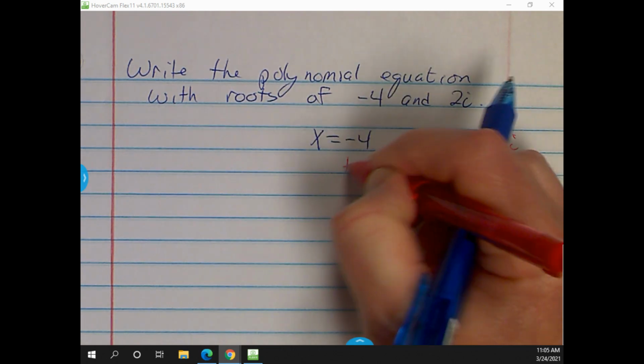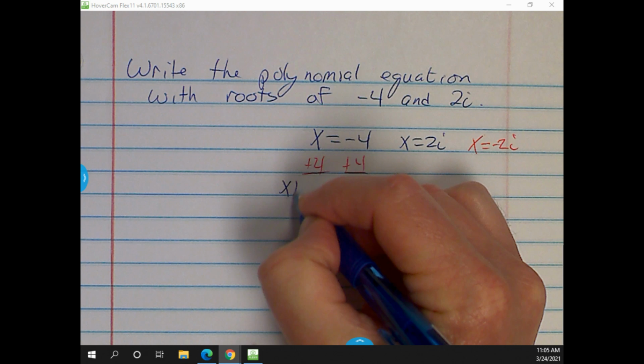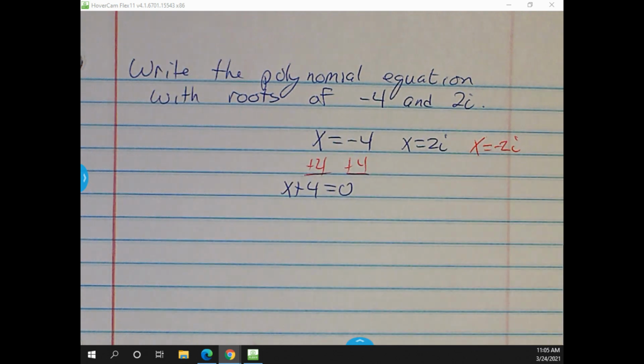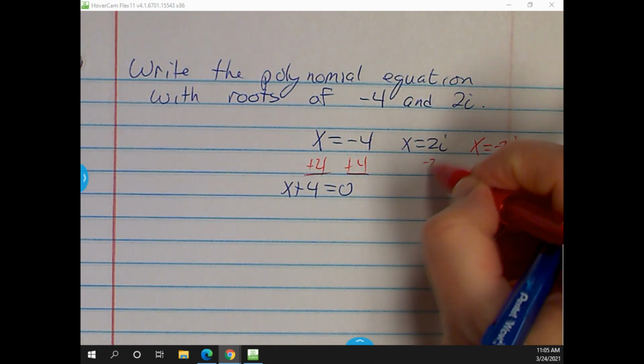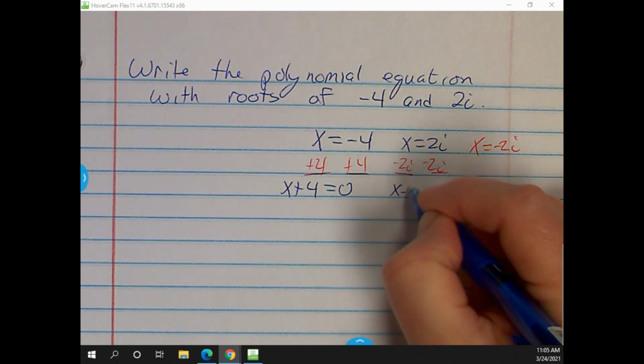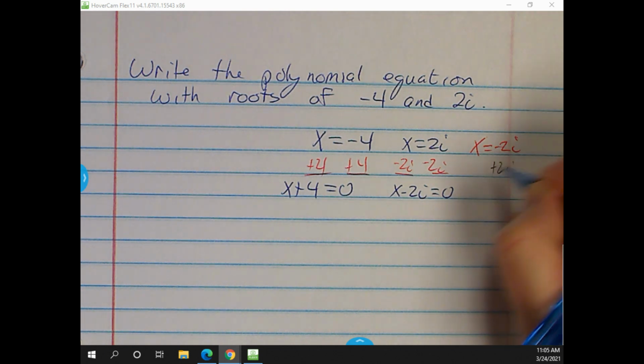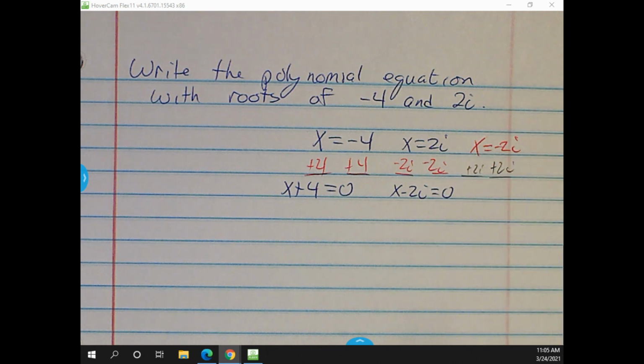We're going to add this 4 over to here so we can get this equal to 0. We're going to subtract this 2i so we can get this one equal to 0. And then we're going to add 2i to this one so we can get that equal to 0.